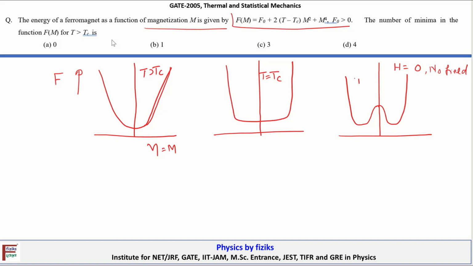This is the situation when T is smaller than Tc, with the free energy against the order parameter. Here the minima are placed symmetrically with respect to the eta equal to 0 value. Therefore we notice that for temperature greater than Tc, the number of minima in the function F(m) is only one. So therefore B is the correct option.